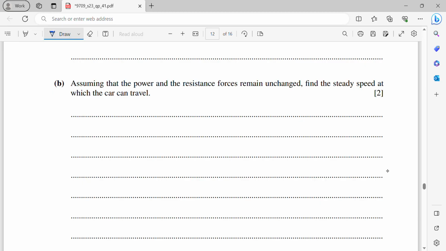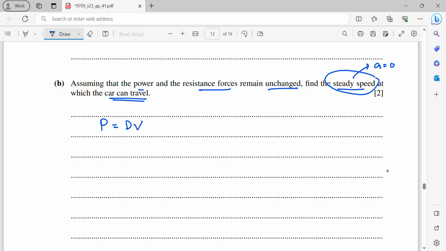Now, assuming that the power and the resistance forces remain unchanged, find the steady speed at which the car can travel. So you must understand that steady state speed means that no acceleration, constant speed. Okay, so use back the same formula. Power equals to driving force times the speed.